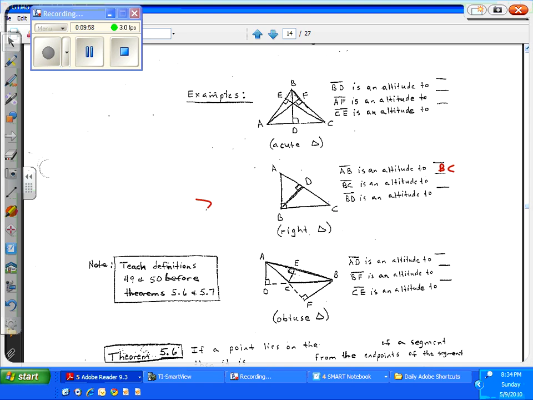BC, if we were at C, and we drew the line that contained the side opposite C. From C, perpendicular to the line containing the opposite side would be BC. So leg BC is the altitude drawn to leg AB.